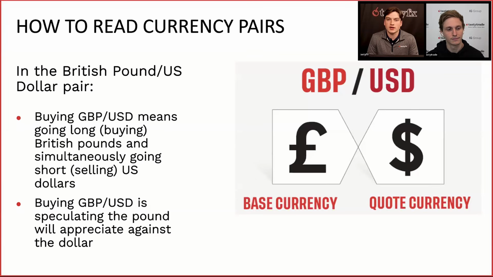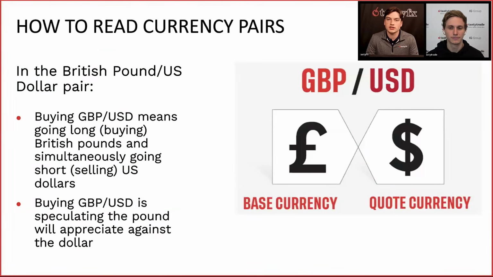And just breaking down a practical example of how you would read these currency pairs. You already went through the three letter symbols and what that actually means in practice, and how to read this is you have your base currency, the first currency listed in the pair, and then you have your second currency, which is your quote currency.